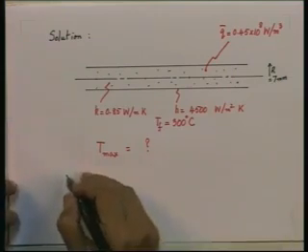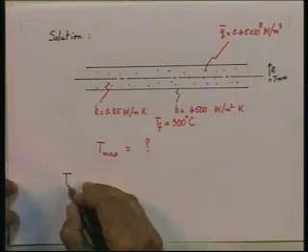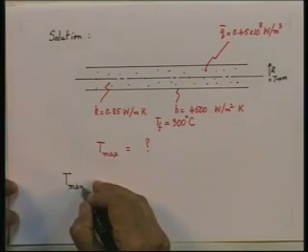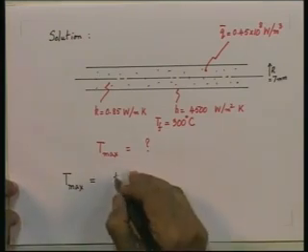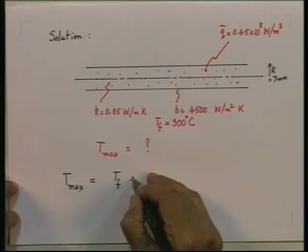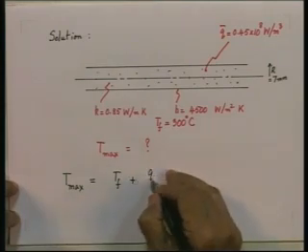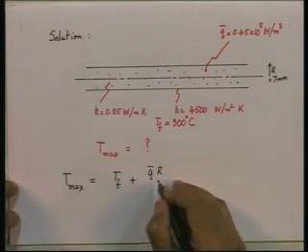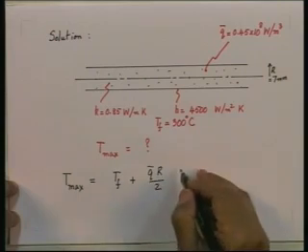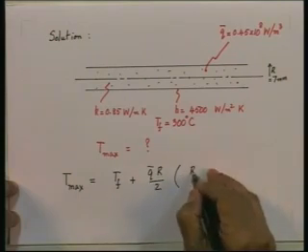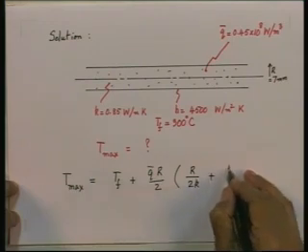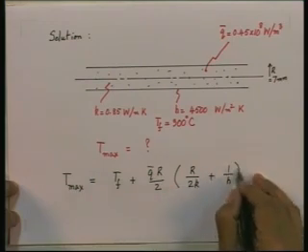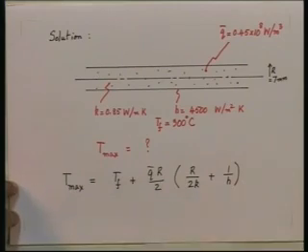There is really just a matter of substitution. So, T max is equal to, going back to the solution which we had a moment ago, I am just substituting into it. T max is equal to T f plus Q bar R by 2 into R by 2 K plus 1 by H. That is what we got from the solution for the solid cylinder.